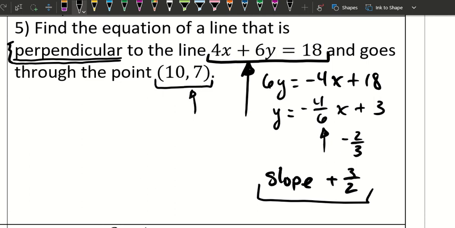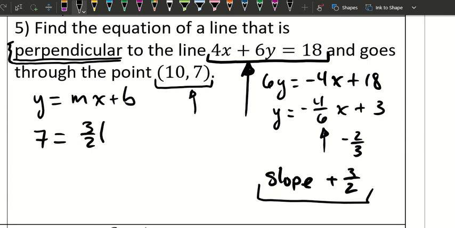To answer that question, I think about the equation of the line written in slope-intercept form. Y equals mx plus b. I have a y value. The y value is 7. I have a slope. The slope is 3/2. I have an x value. The x value is 10, and I write plus b. 10 divided by 2 is 5, times 3 is 15. This is 7 equals 15 plus b.